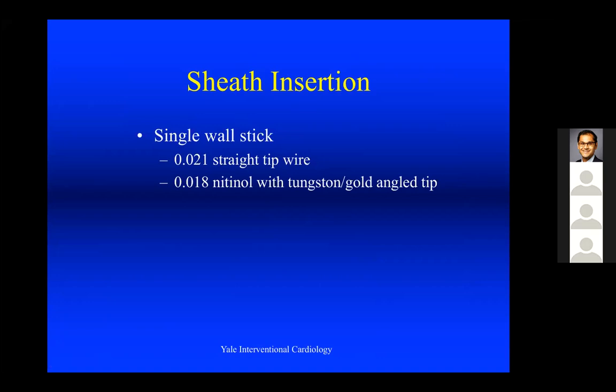And so then in all the labs, there's a wire called Nitrex, which is a nitinol wire, which has a tungsten and gold angled tip, which is quite friendly and will really navigate all the curves. It's a little too expensive to use in every single case, but if this wire won't advance past some tortuosity, then the Nitrex wire is almost universally successful.